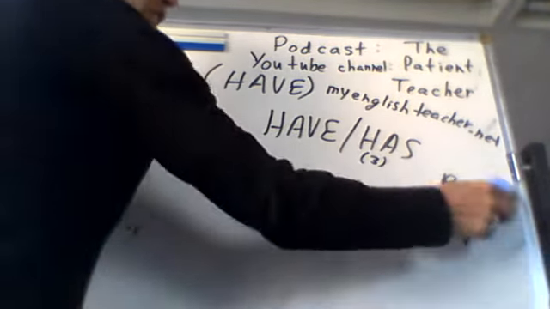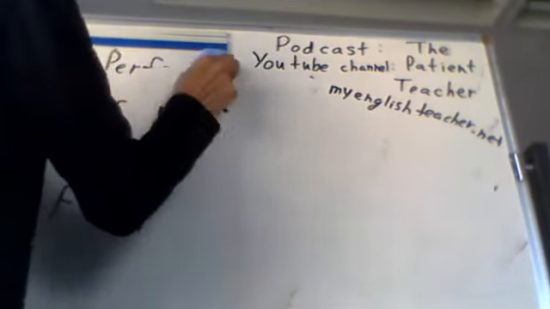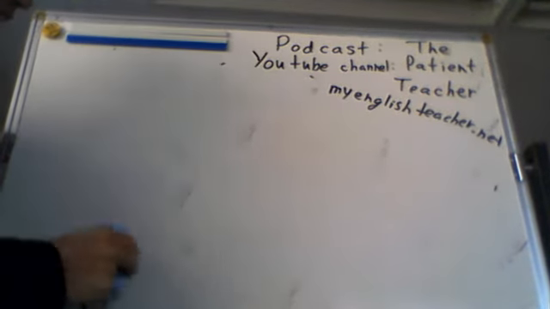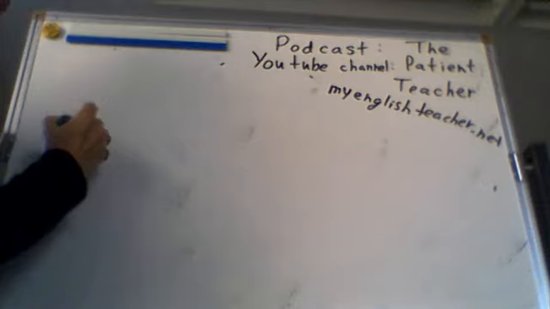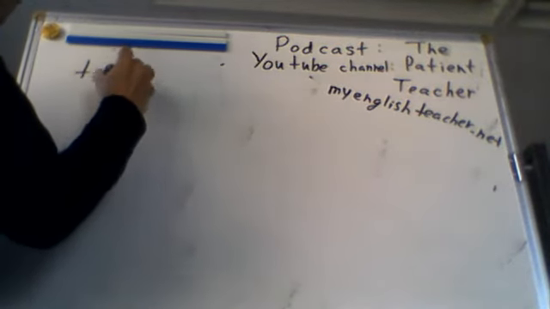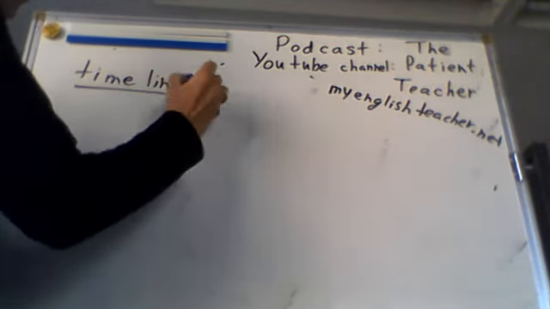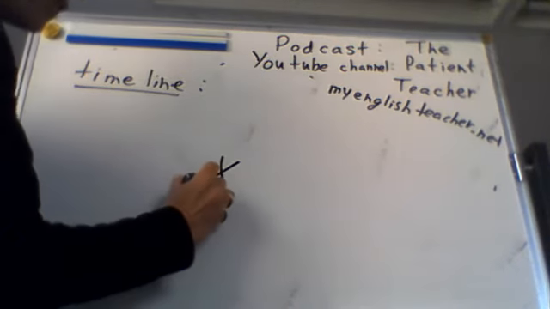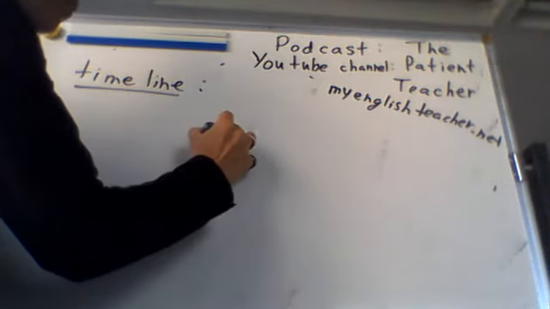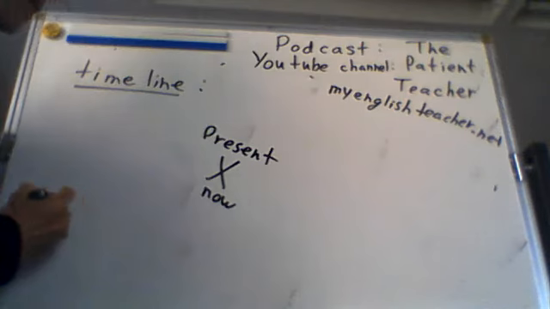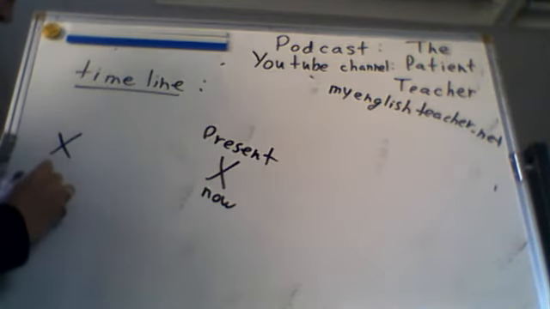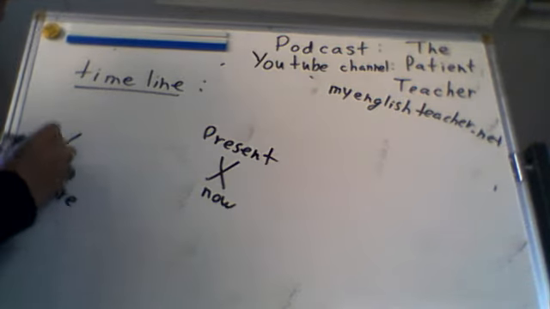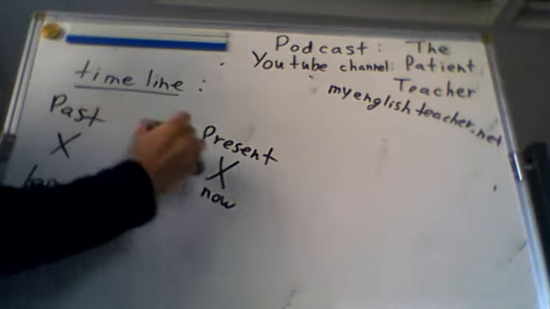Now let me just put it on a timeline so you see some context. I'll just put here timeline, and then just something to keep in mind, okay? I'll put the X for something that's happening now. That will be present tense. Here, something that happened before, past tense.